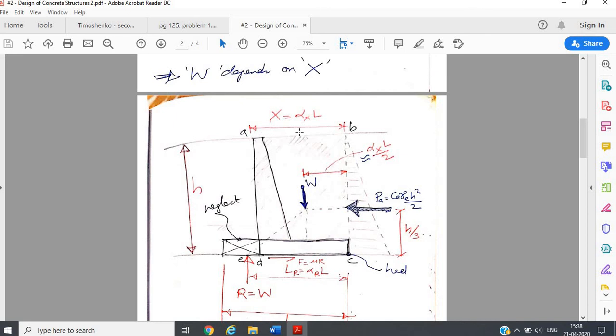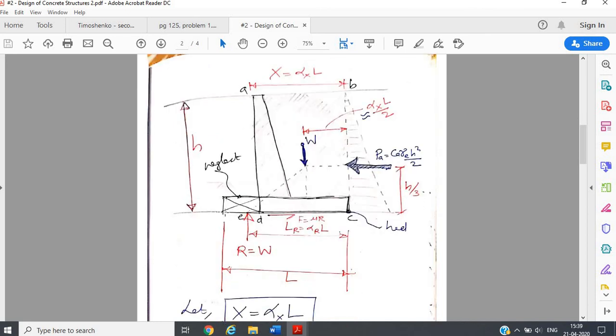Using this expression, we can get the length of x. Once you get the length of x, you can decide the length of the toe portion, assuming a suitable soil pressure distribution, because we said that the proportion of alpha R with respect to alpha will determine the shape of the soil pressure distribution under the base slab.